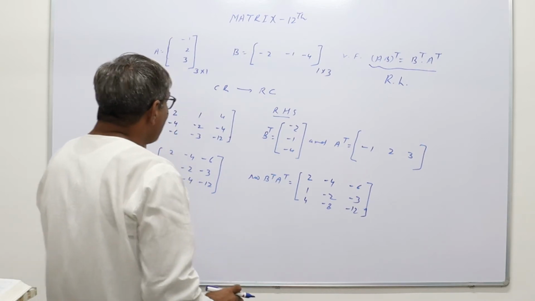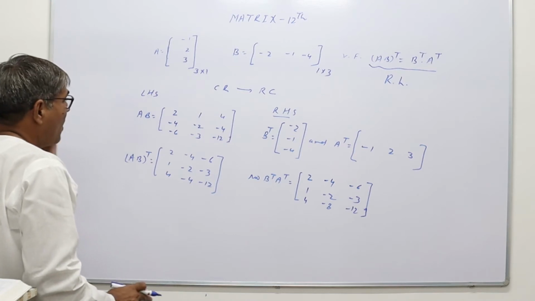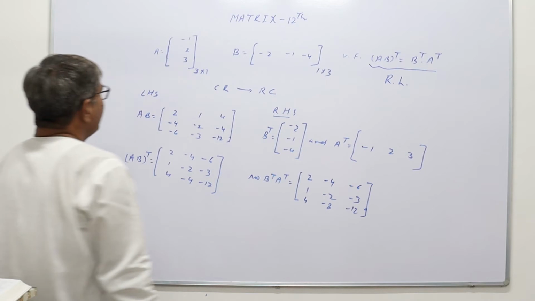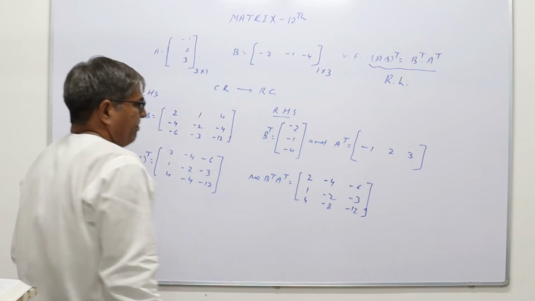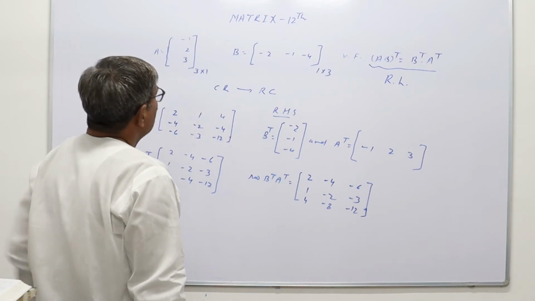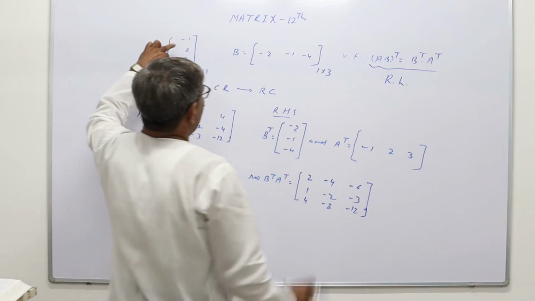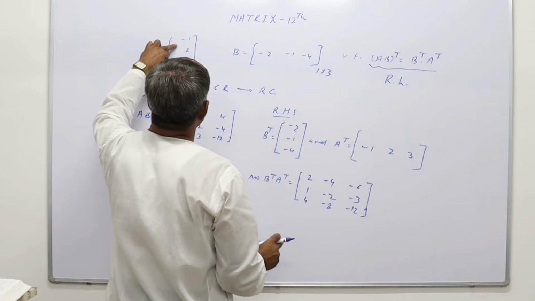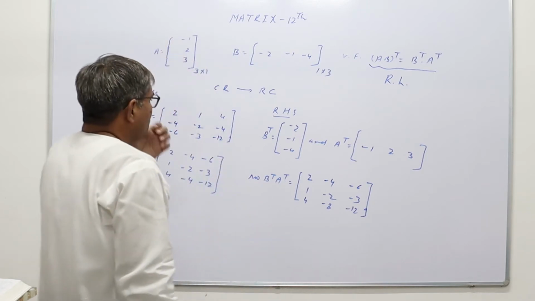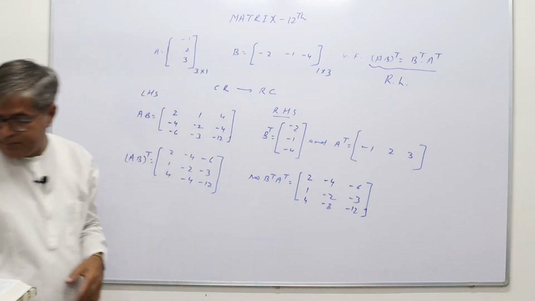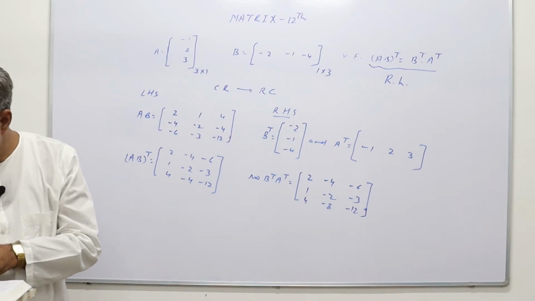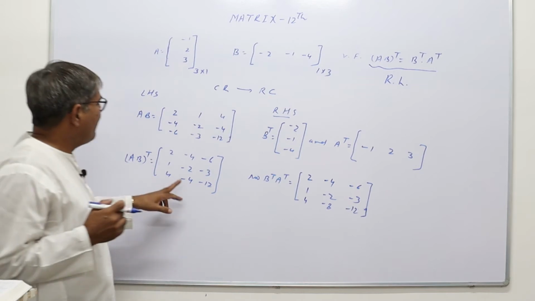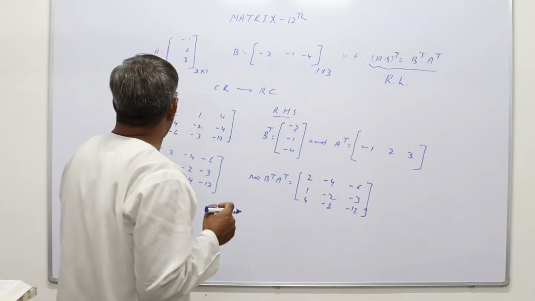So here something was wrong. What is wrong? Let me check again. In the first matrix here something is wrong.